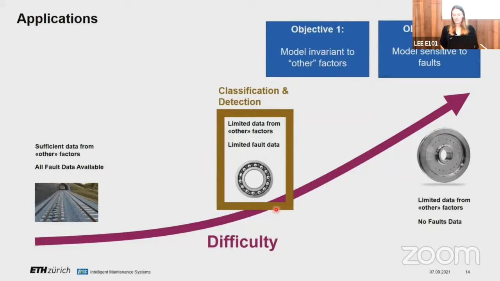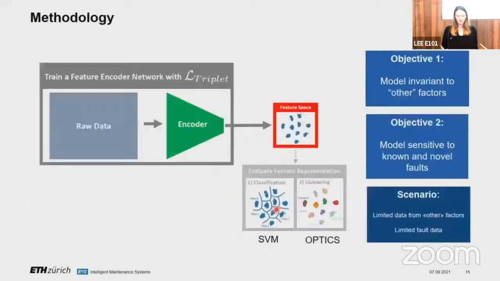And we see what we can achieve with contrastive learning. Since we also want to detect novel faults, we don't only classify the feature space, because a classification model will never be able to classify something it has never seen before, but we also cluster it with a density-based clustering algorithm called OPTICS.